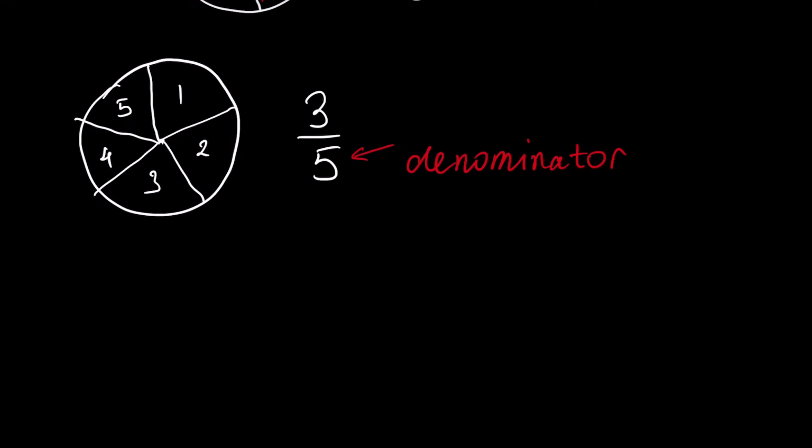And number 3 is called numerator. It shows how many parts are taken. In this case, 3/5 means, by definition, let's write it here, 3 times 1/5.